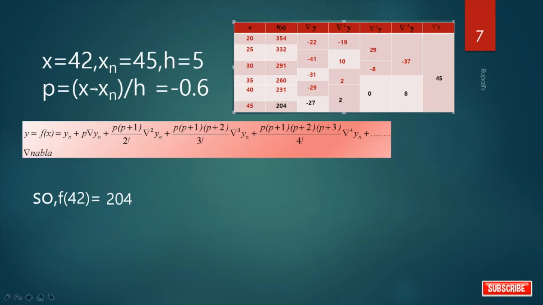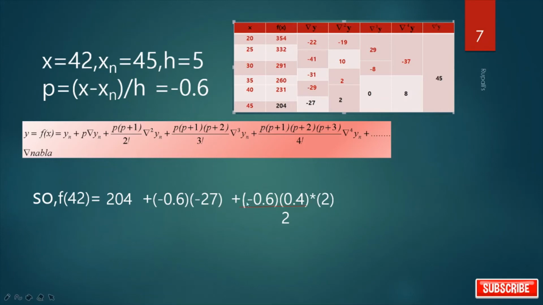So, minus 0.6 into nabla yn, that is minus 27, plus p into (p plus 1) divided by factorial 2 nabla square yn, which means 2. Next, nabla cube yn is 0, so plus 0.